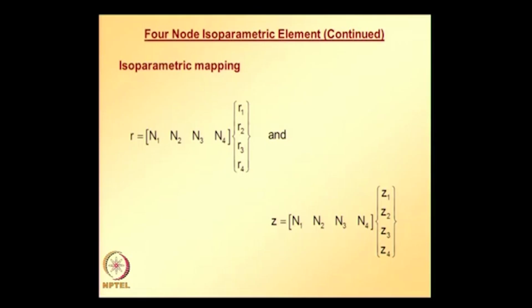Basically the Jacobian consists of partial derivative of r with respect to S and t, and partial derivative of z with respect to S and t.